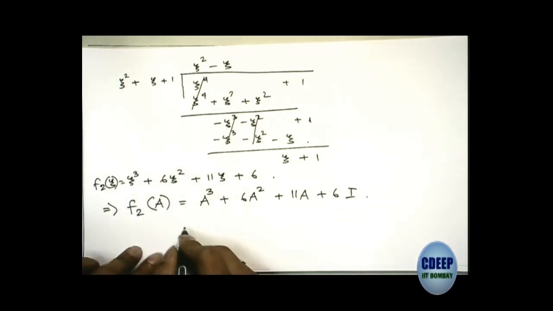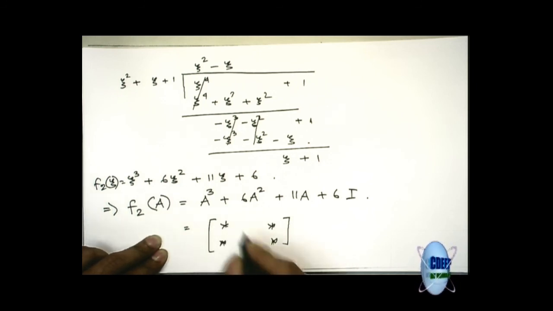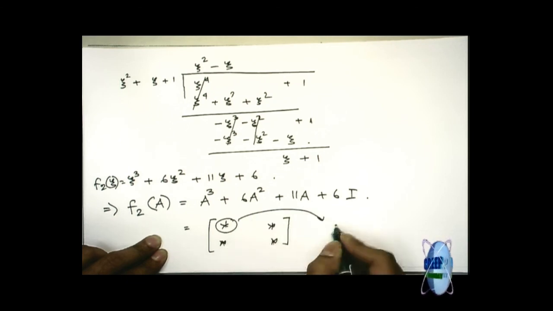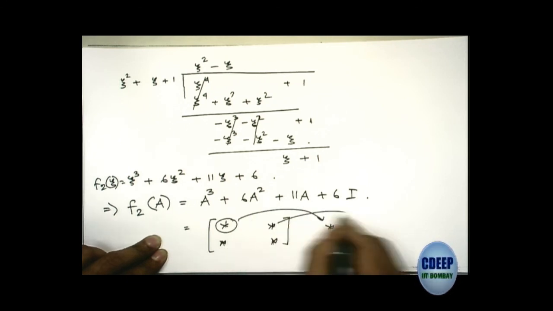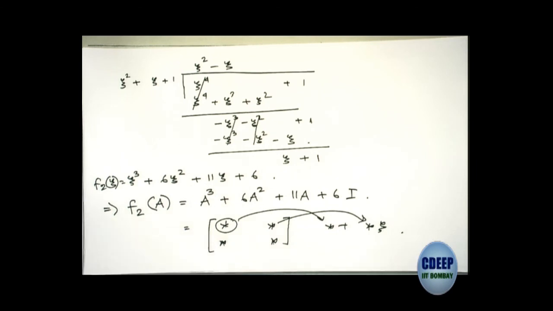This will be a 2 by 2 matrix. We will have some entry here, some entry here, some entry here, some entry here. We pick this out and write it here, and then we pick this out plus this same side. This would be the remainder. You can go ahead and check.